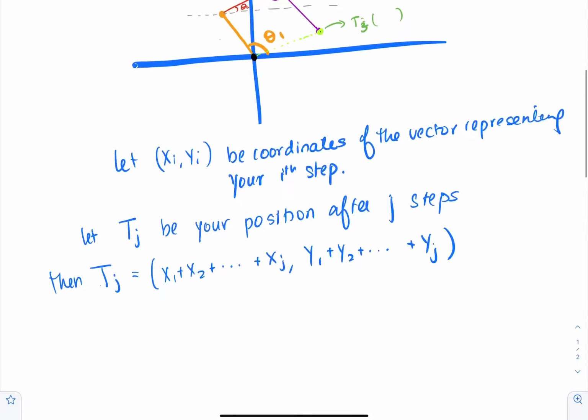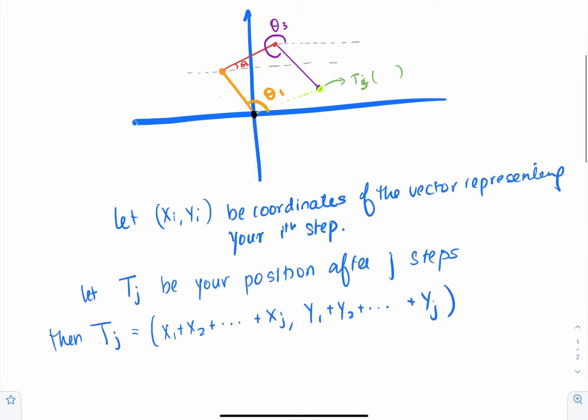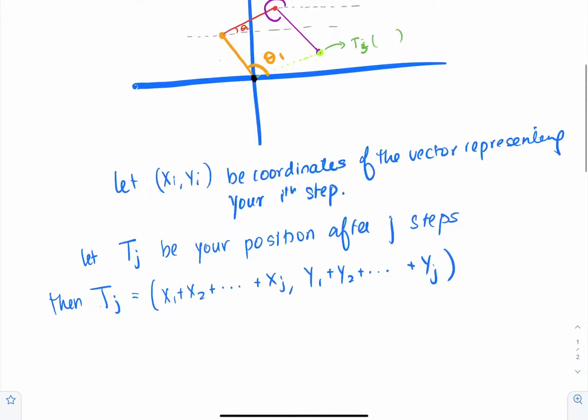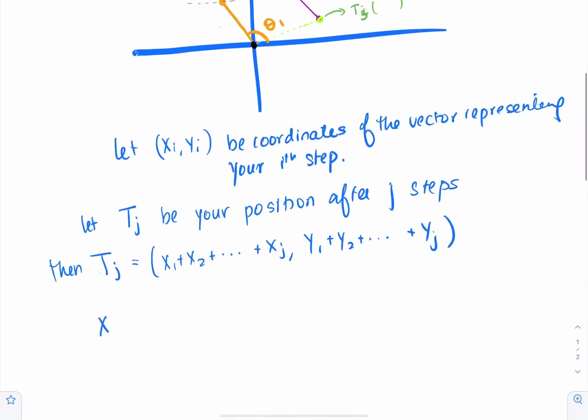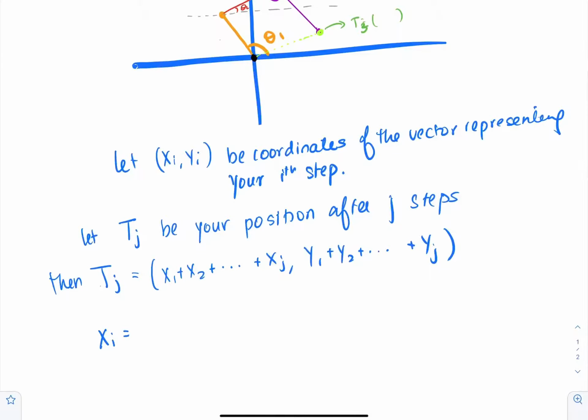And now we still need to relate what the relation of the xi's and the yi's with the thetas is. Well, just from your basic knowledge of polar coordinates, what will xi be? Xi, that's the step, the change in the x that you get by taking a step in the direction of angle theta i, would have been r cosine theta i.